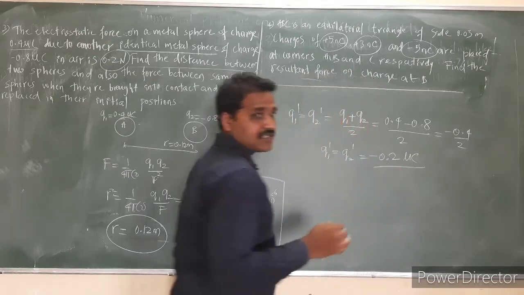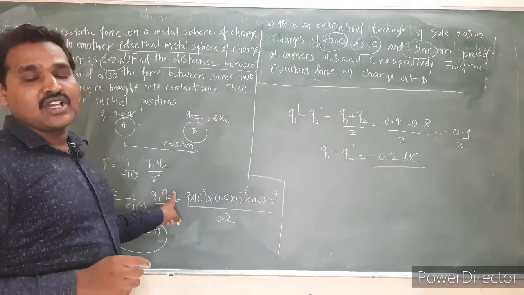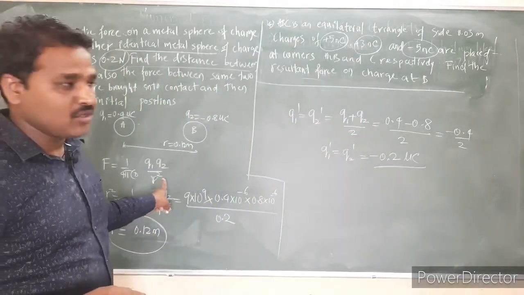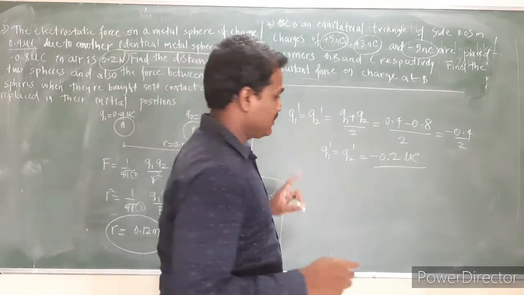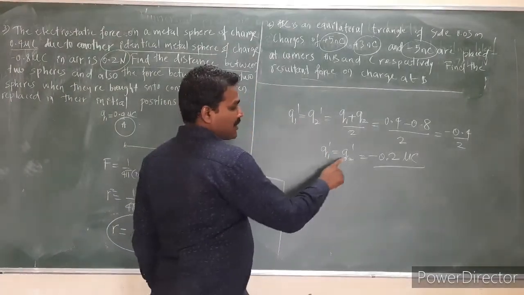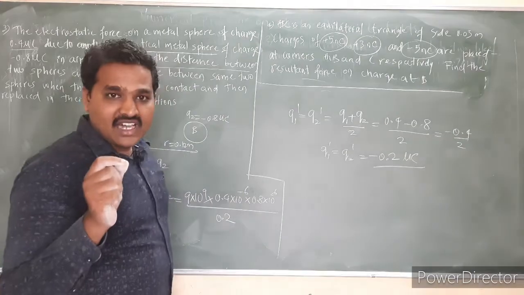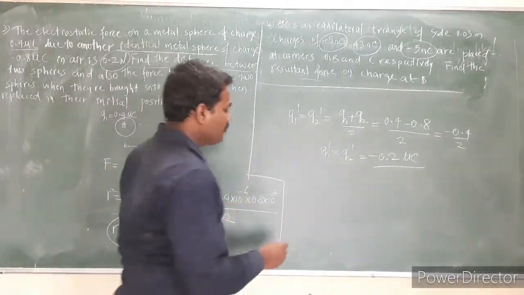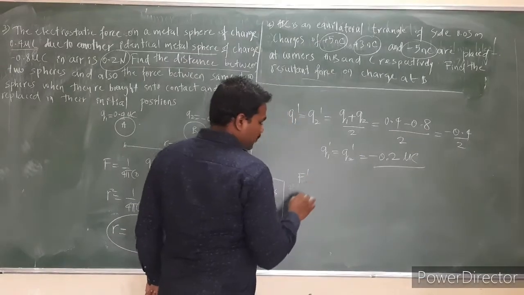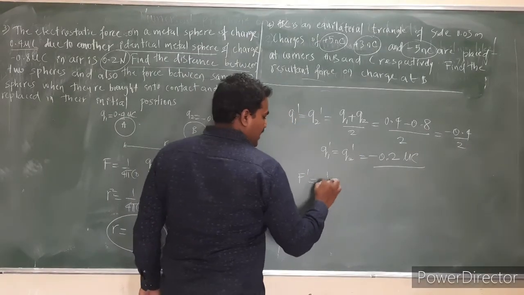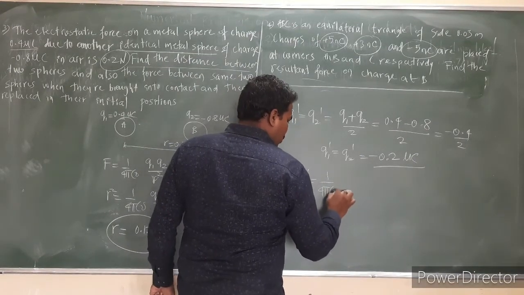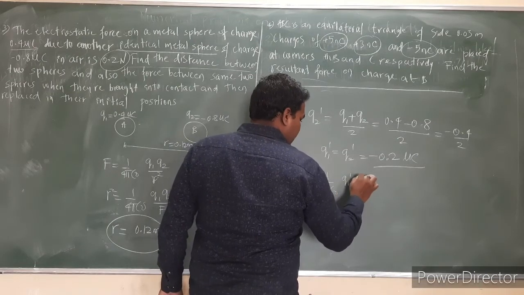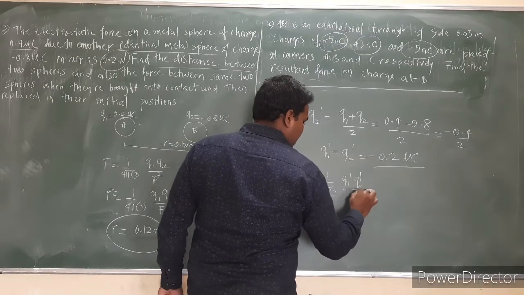This is the new charge present on both the spheres when they are separated after getting them into contact with each other. Whenever the magnitudes of the charges are changed, definitely the force will also change. That new force we have to find out. So that new force I write as F dash. F dash can be written as 1 by 4 pi epsilon naught Q1 dash Q2 dash divided by R square.